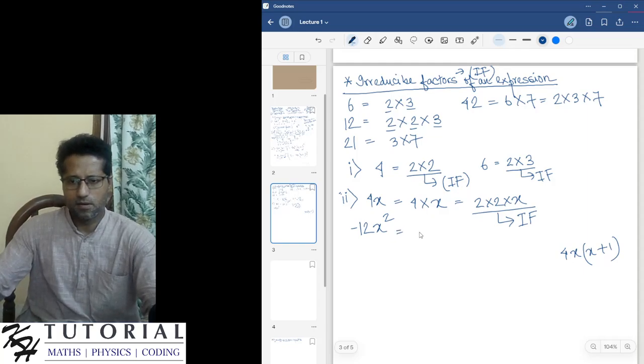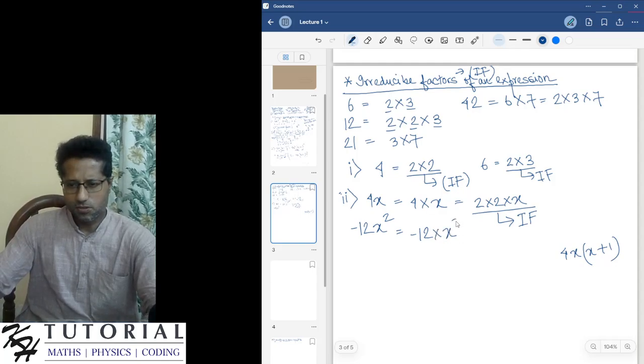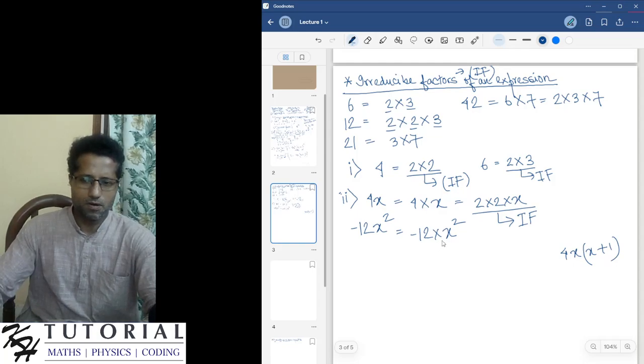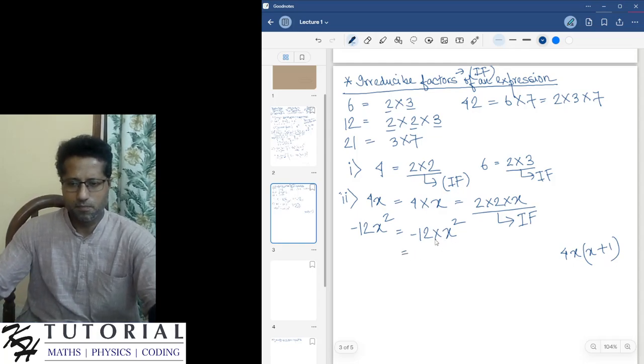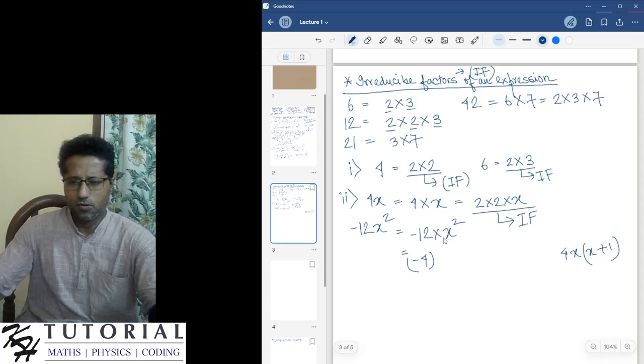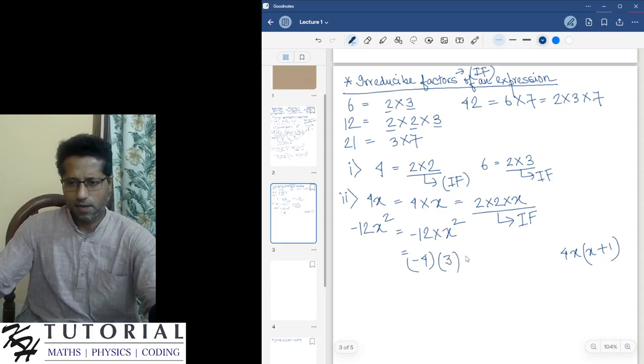That is, we can obviously write minus 12 into x square. This also is not an irreducible factor because this can further be written as minus 4. I'm ignoring the multiplication sign, I hope you will understand. We can express minus 12 as minus 4 into 3, and we have x square.